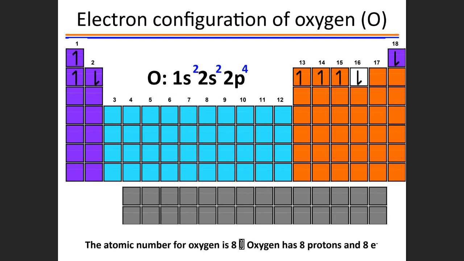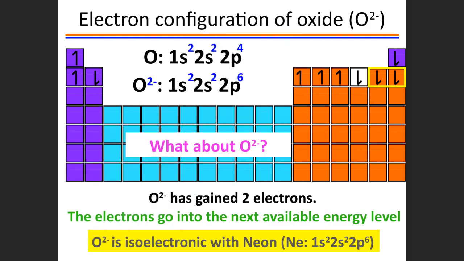So this is how we can draw it, but I will suggest if you do it this way, it makes it easier. But anyway, we need to have this example so we can see it like that. Electronic configuration of oxide.